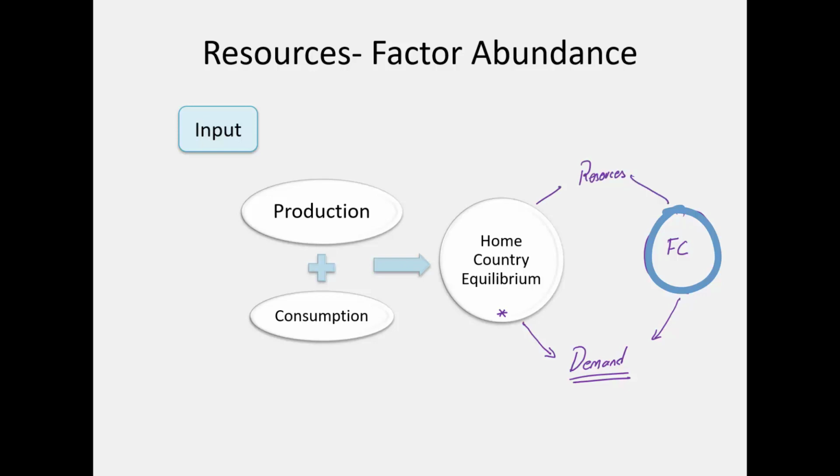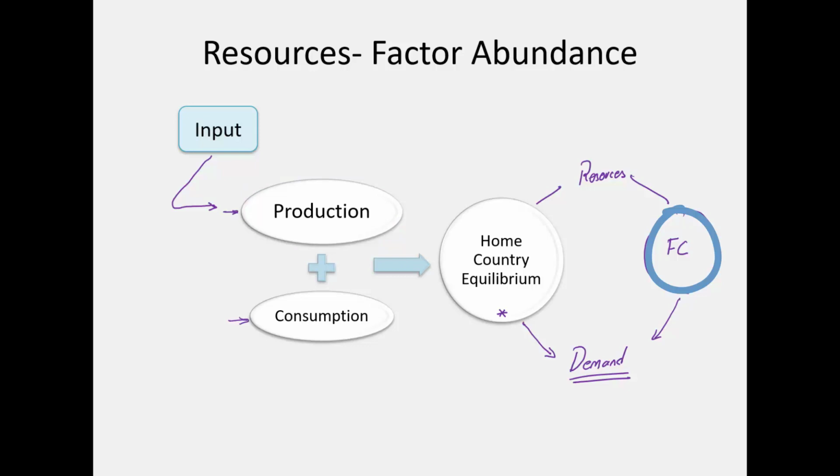So really, when we are trying to set up this model to reach the home country equilibrium, there isn't much happening as far as the consumption side is concerned. All the play in this model is coming in the production side of things, because it's the differences in input that are going to lead to differences in autarky prices for the two countries, which will then lead to trade.